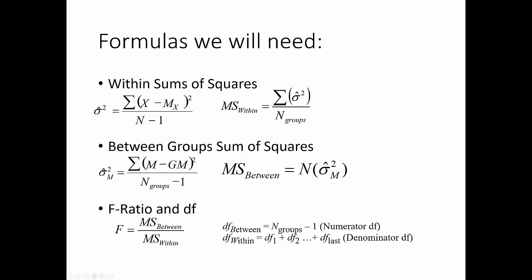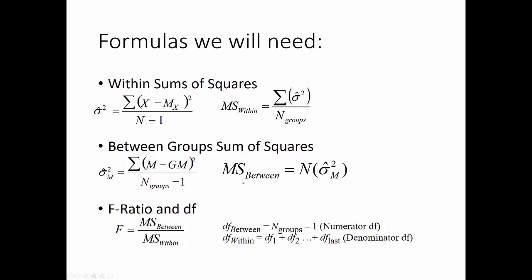We then need our between group sums of squares. So this is our formula here where we get the variance of a sampling distribution of means, where again we're going to calculate the grand mean, subtract it from each of our individual sample means, square those differences, add them up, and divide by the number of groups we have minus 1.